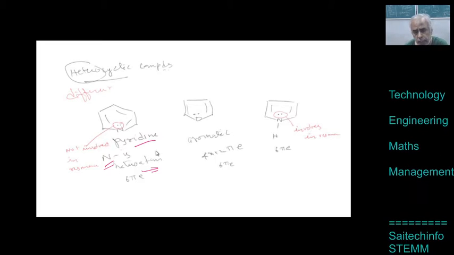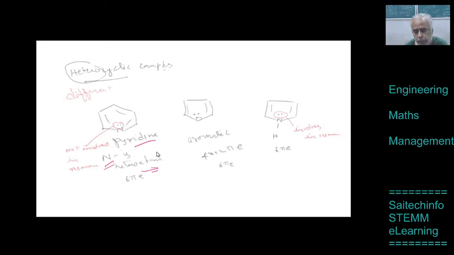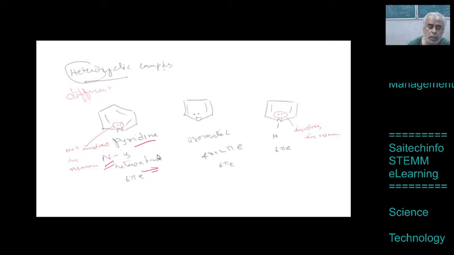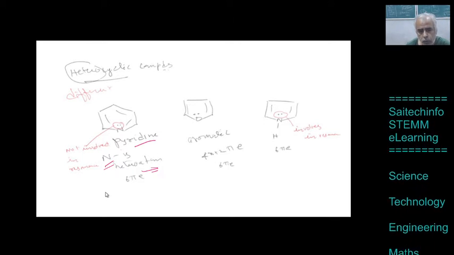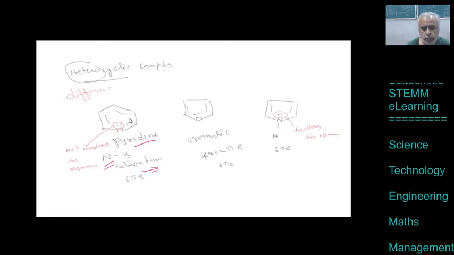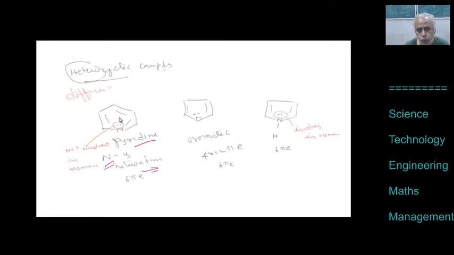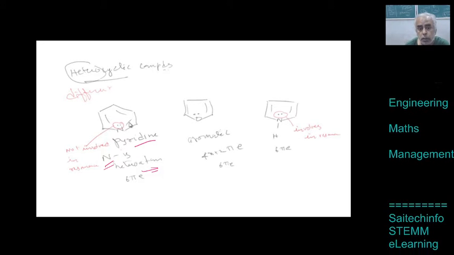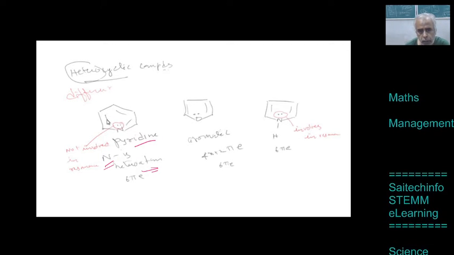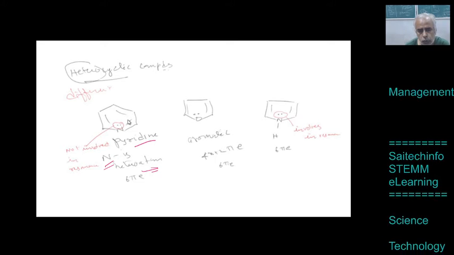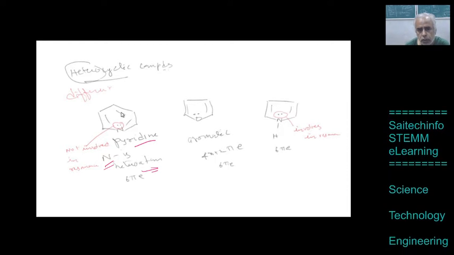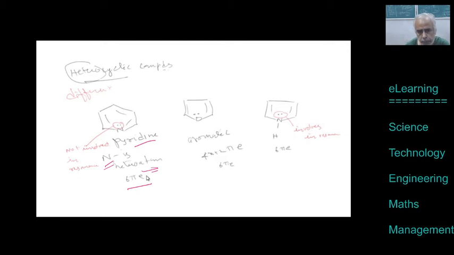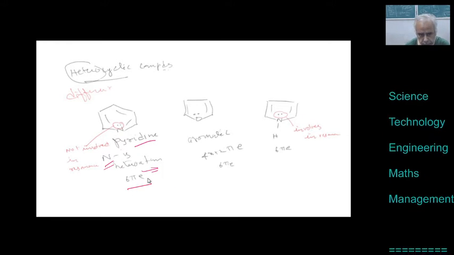Now whether it is an aromatic compound or not, we can check by Huckel's rule. What is Huckel's rule? The 4n plus 2 rule. For a single ring, 4 into 1 plus 2, that is 6. So we have to check whether it has 6 pi electrons. Let us check 1, 2, 3. Yes, we have 3 pi bonds, so 6 pi electrons.